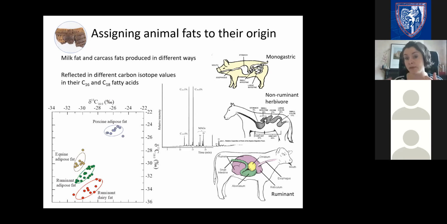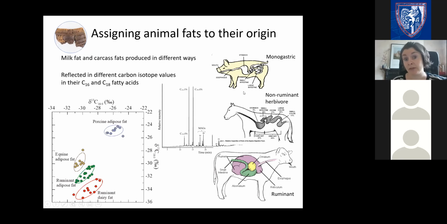They are taken up differently. That means you can distinguish ruminant dairy fats, from cow, sheep and goat, from ruminant adipose fats, their carcass or body fats, and you can further separate out equines and pigs, monogastric animals, which plot in a completely different area.